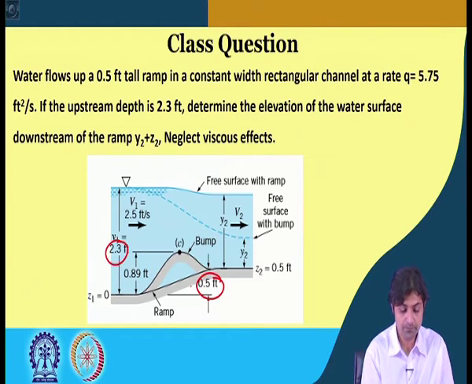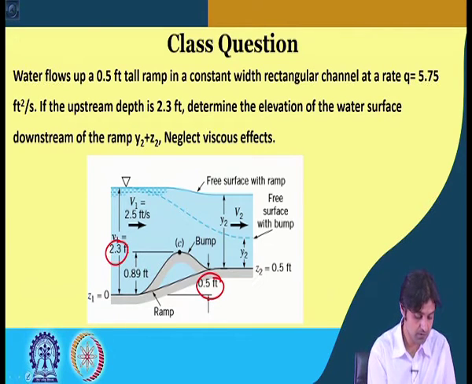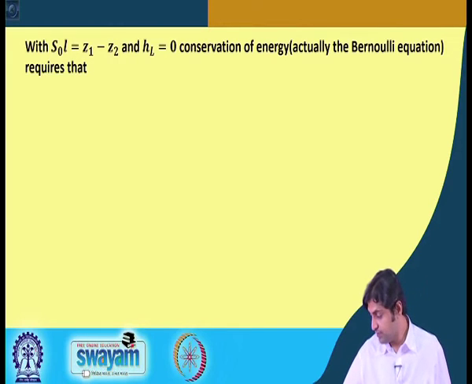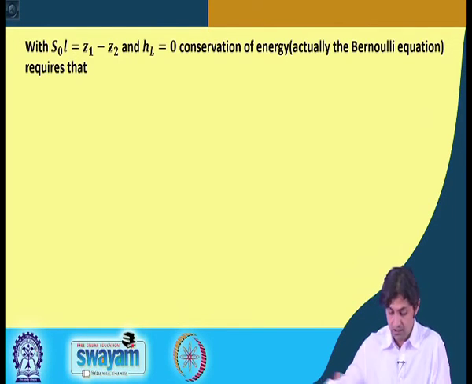So, do not worry about any other unit that is given here. With this equation, S naught L is equal to z1 minus z2, and energy loss is equal to 0, that means conservation of energy.